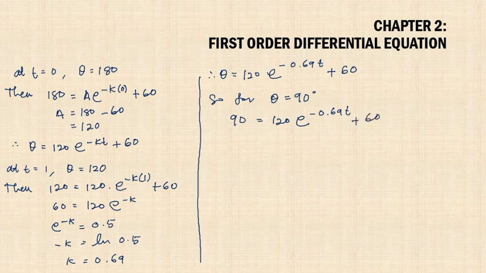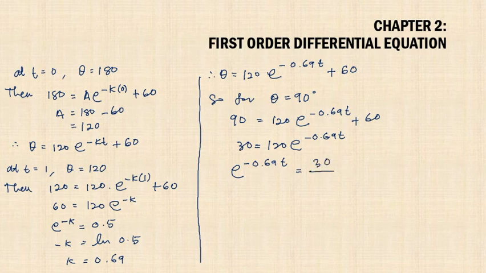So 90 minus 60, we have 30 equals 120 e power of negative 0.69 t. And we divide 30 over 120, so we have e power of negative 0.69 t equals 0.25.